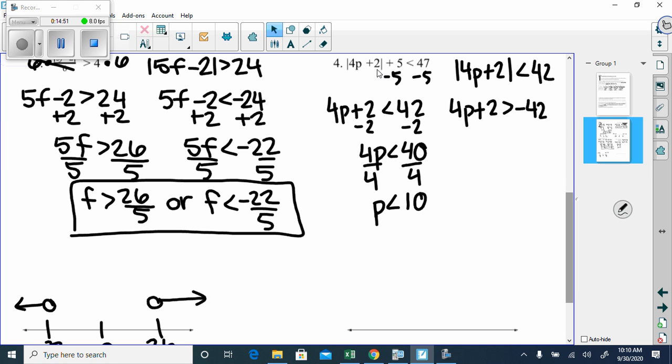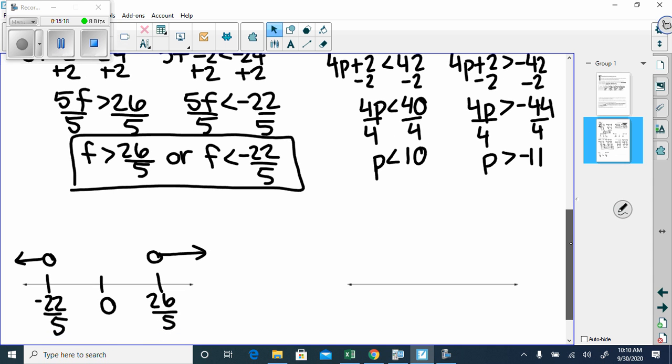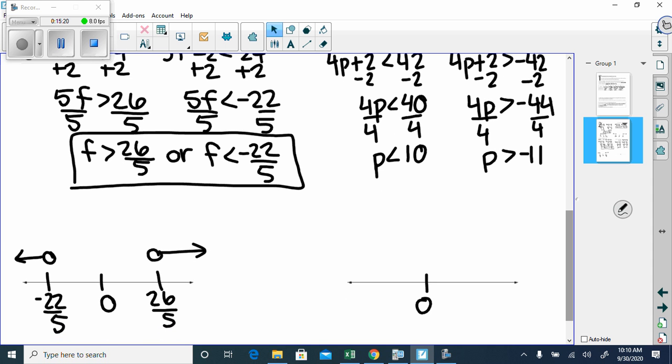Okay, over here, same process. Got to move the 2 by subtracting. Negative 42 minus 2 gave us negative 44. Next step would be to divide. So I have p is greater than negative 11. Good. And then I just have to put these on the number line. So I come down here, here's 0, here's negative 11, and here's 10.